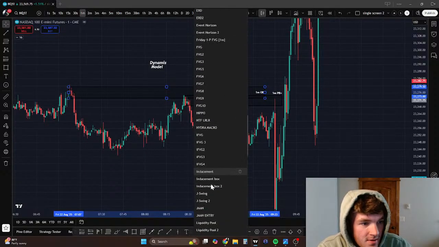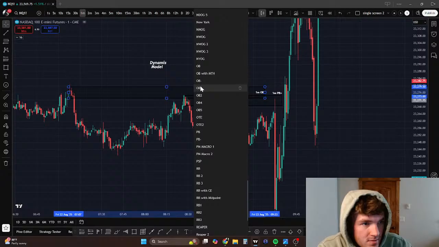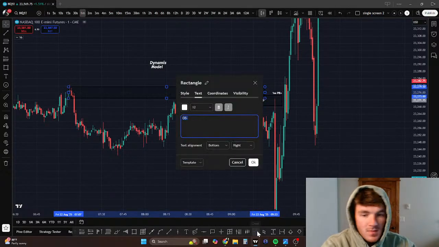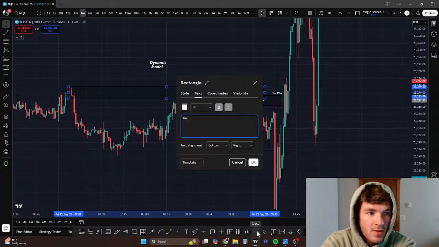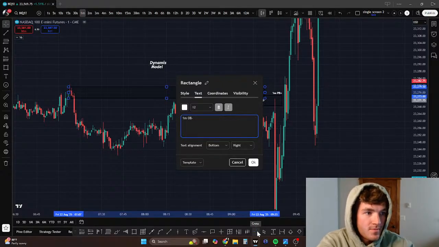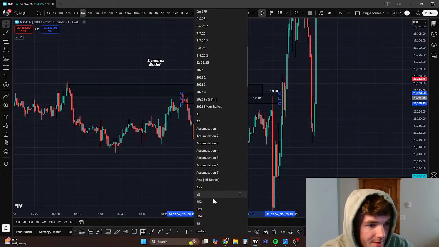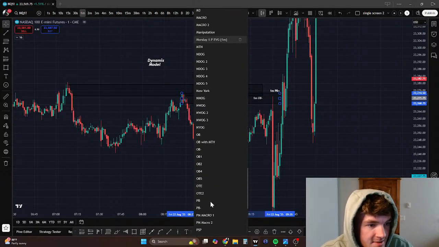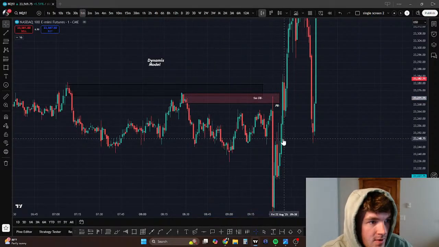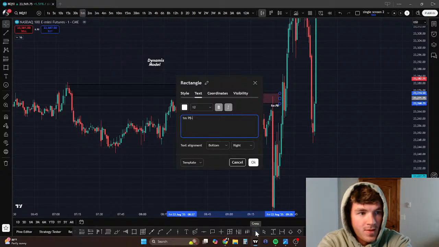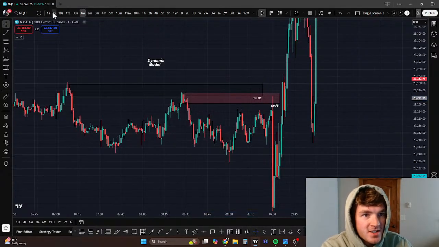Check this out. There's the 1 minute order block, and then the 1 minute propulsion block. And guys, if we drop down to a lower time frame, let's put this on Twitter. Actually, this is kind of cool.